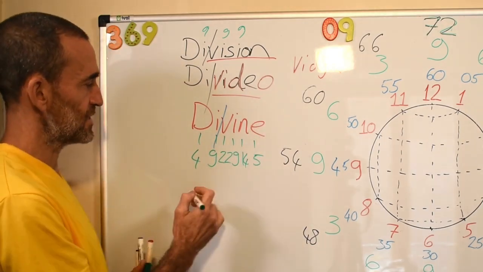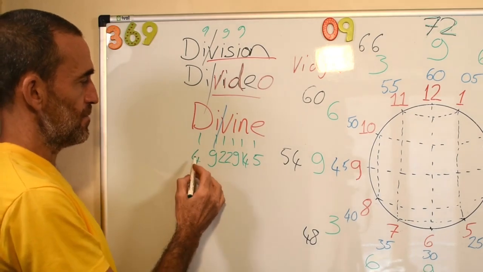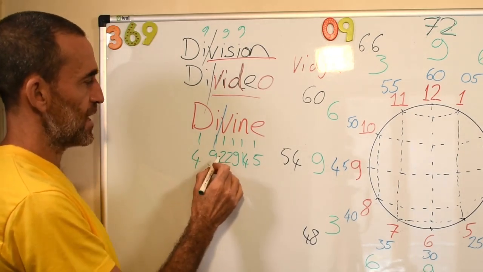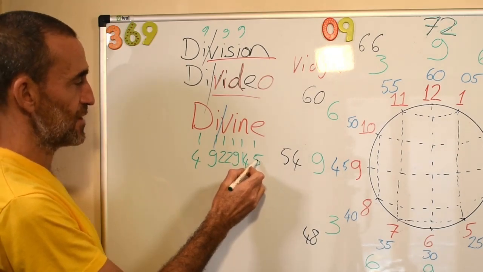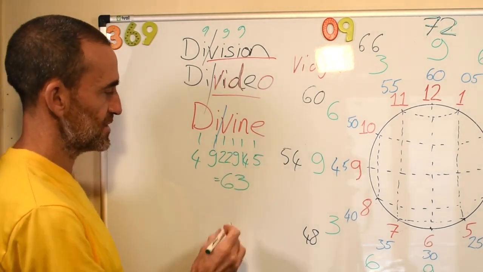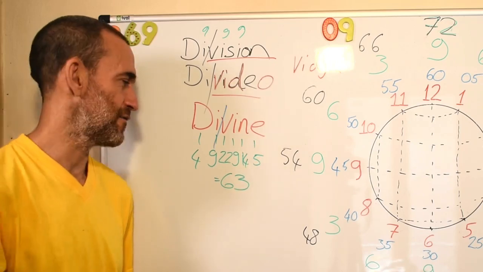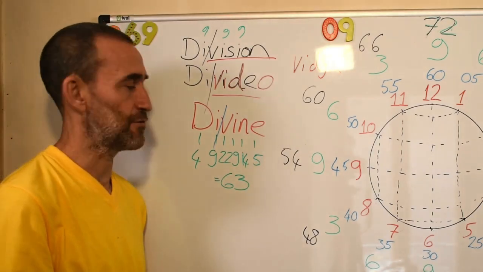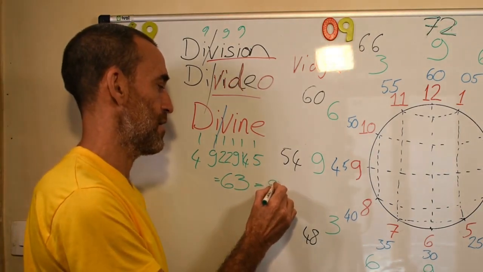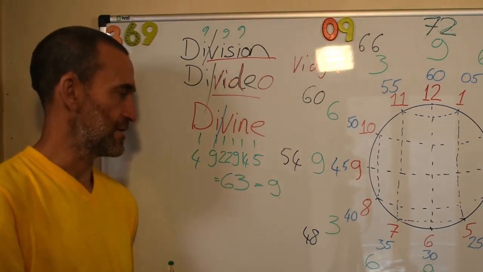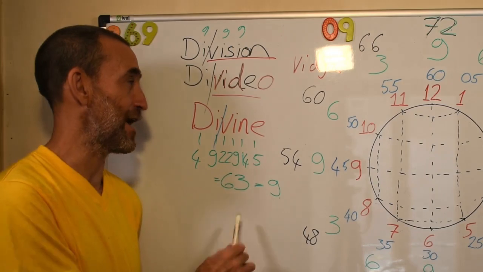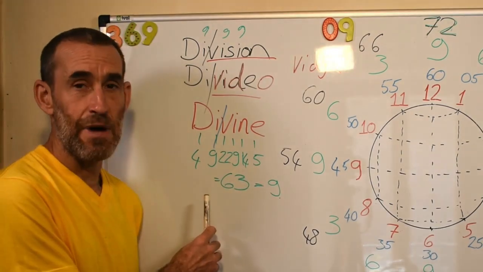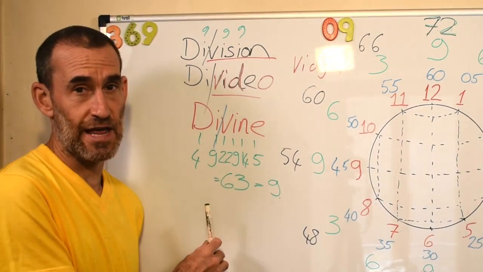So when we add all these together, 4 plus 9 plus 22 plus 9 plus 14 plus 5, that equals 63, which obviously is the 6 and 3, and also gives us the root number of 9. 63 being a very special formulation of that, which is manifest universal energy.